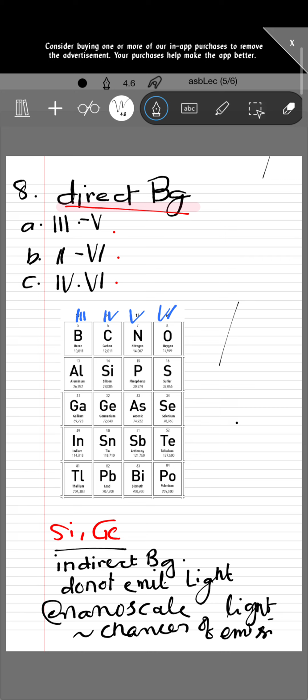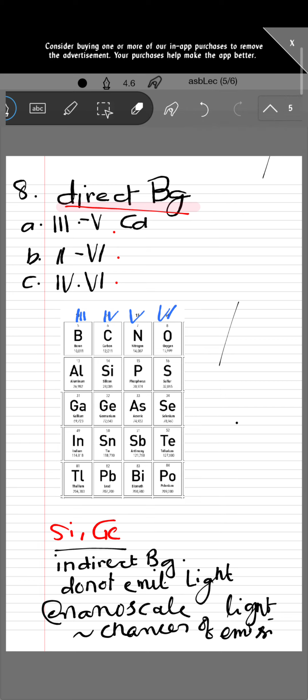Like the one we have just discussed, cadmium telluride. Then take Pb and S, so it becomes 4-6.